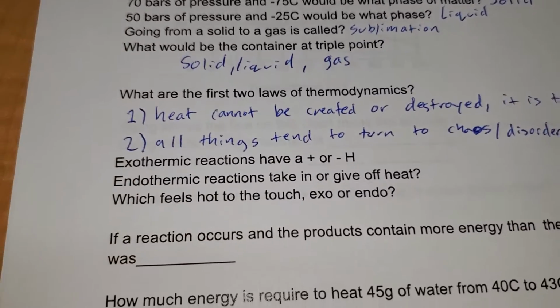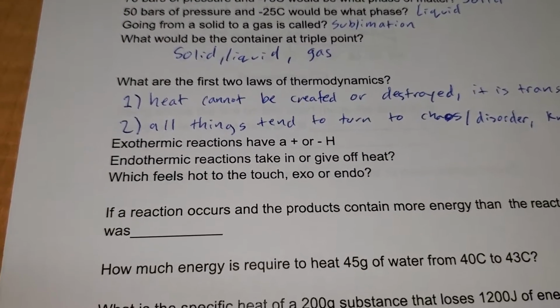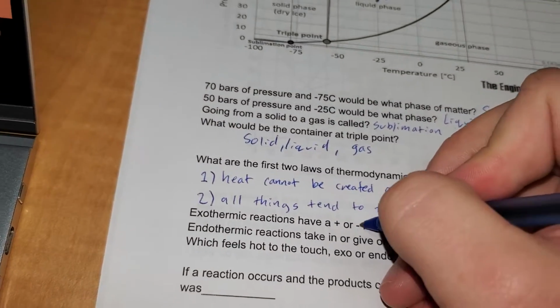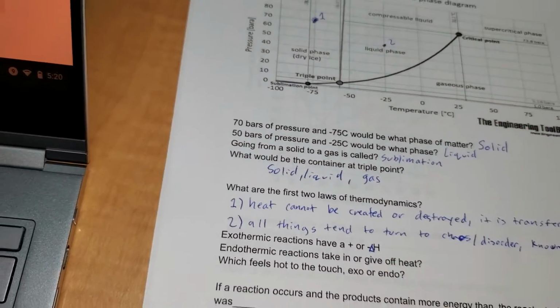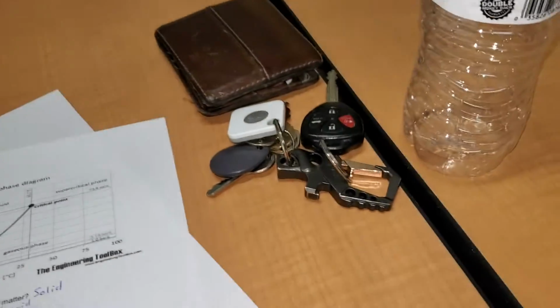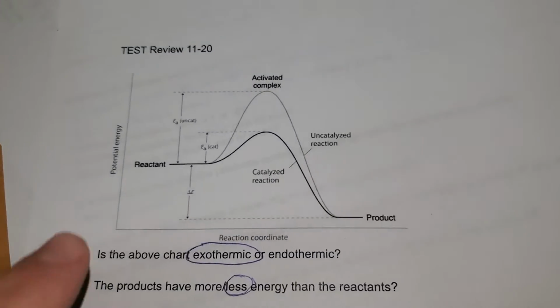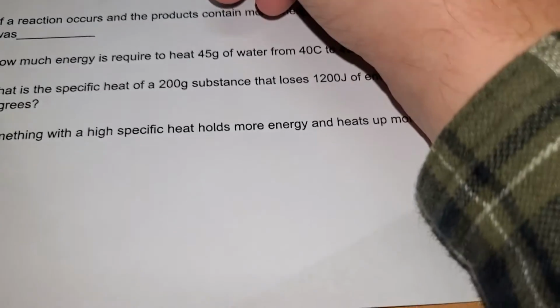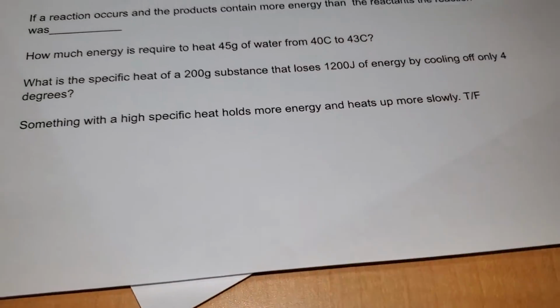Exothermic reactions tend to have a positive or negative delta H. That should be a delta H, and if we reference the beginning page, the reactant, the product, this is exothermic, they tend to have a negative delta H. So a negative.